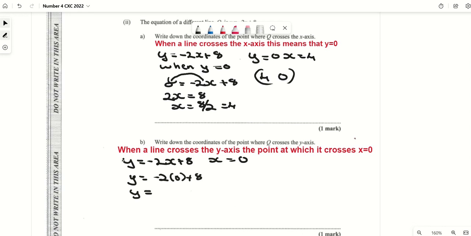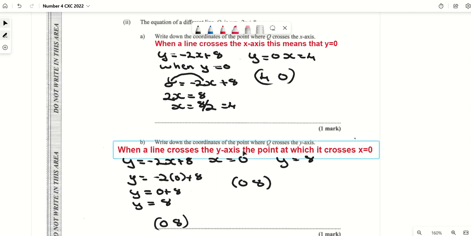So y is equal to 0 plus 8, so y is equal to 8. So x is 0 and y is 8, and my coordinates will be (0, 8). Those are your coordinates at the point at which Q crosses the y-axis.